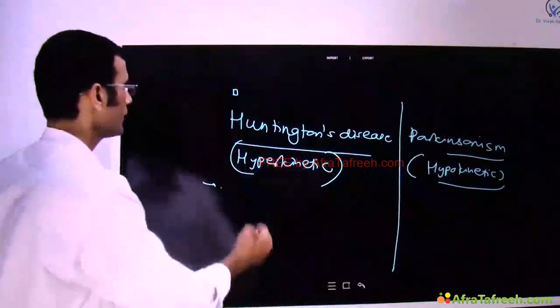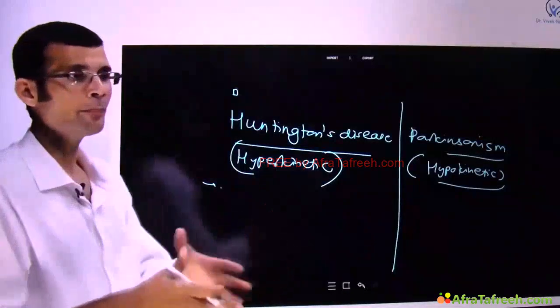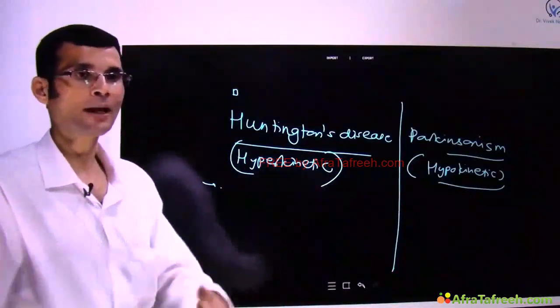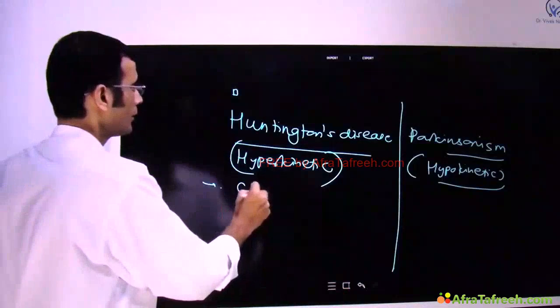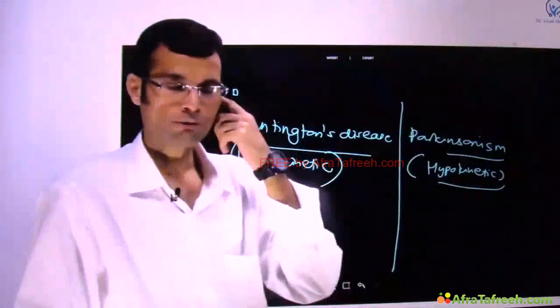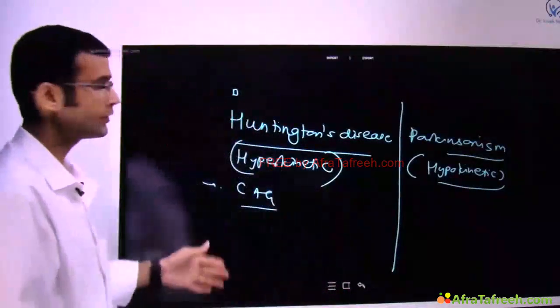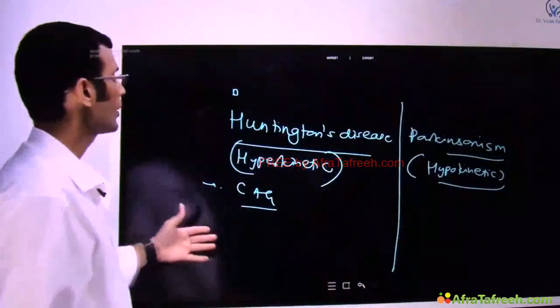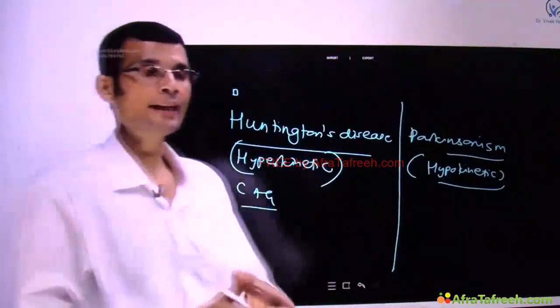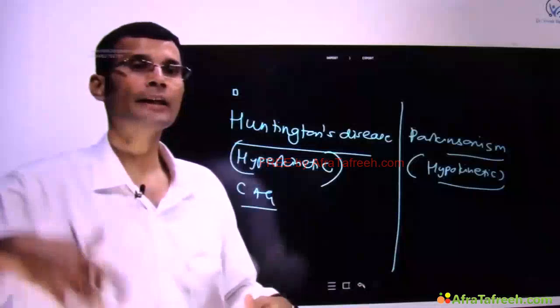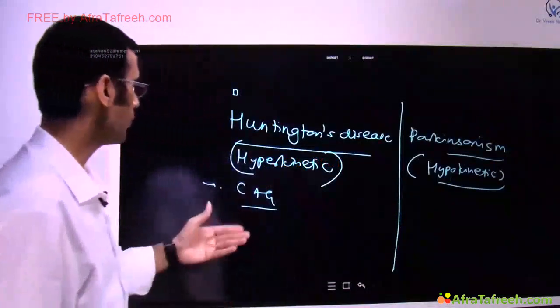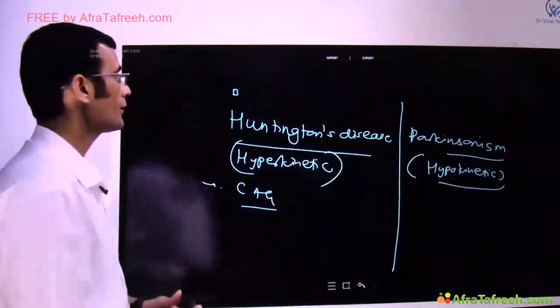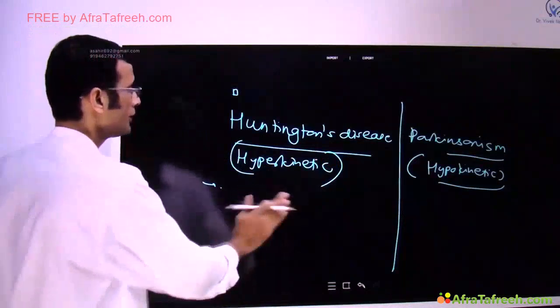It's a trinucleotide repeat disease, a trinucleotide expansion disease. There are normally about 42 repeats of the trinucleotide CAG, but it's expanded and there are 78 repeats or more of the CAG. That's a trinucleotide expansion disease.